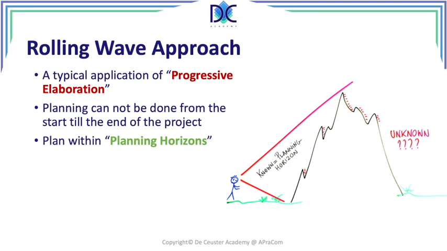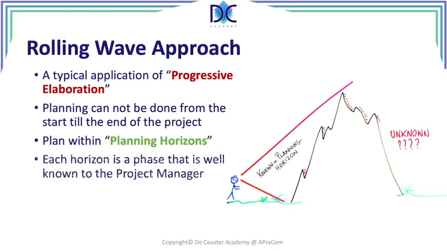And then we see the planning horizon, you go to the first spike, and then you see what you didn't see before, and you can continue each time. So you have to be ready for those planning horizons and for the progressive elaboration, the progressive observation of all the elements related to the project.